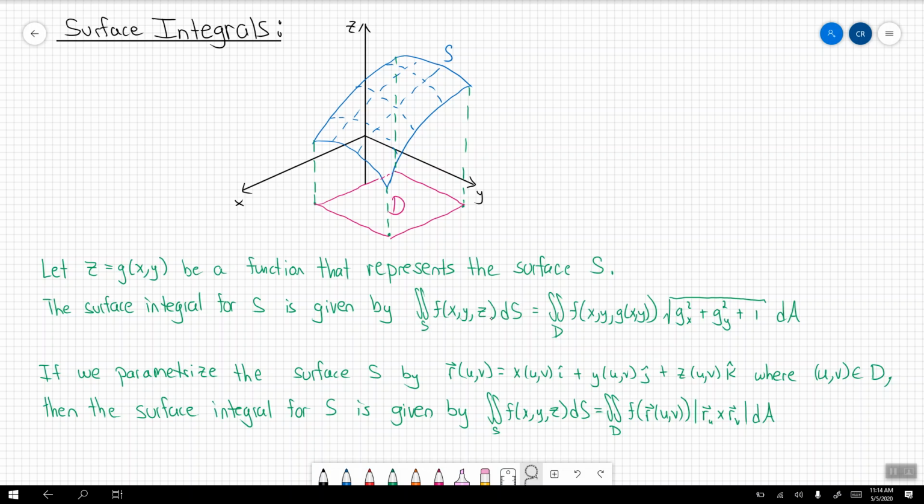Notice the notation here. We're going to have to be very careful when we're working with that notation. The notation here says that this dS means we are working with a surface integral.